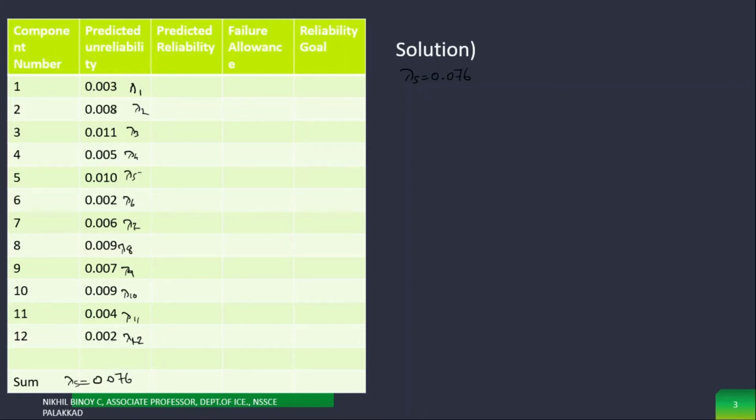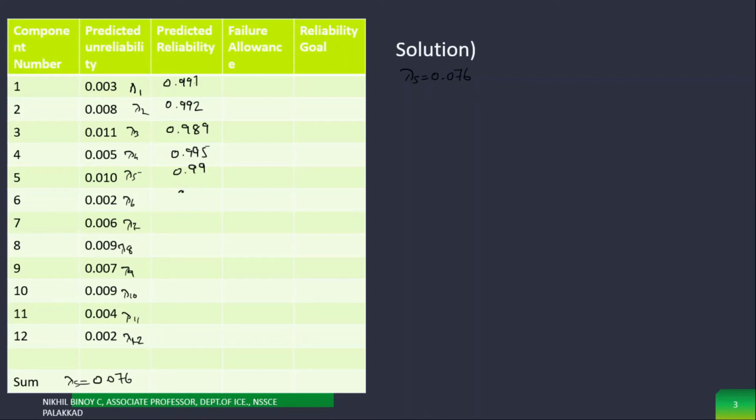Now what is the reliability goal? From this we can find the reliability of each component. What is that? 1 minus unreliability is reliability. So 1 minus 0.003 is 0.997. This is 0.992. This is 0.989. This is 0.995. This is 0.99.